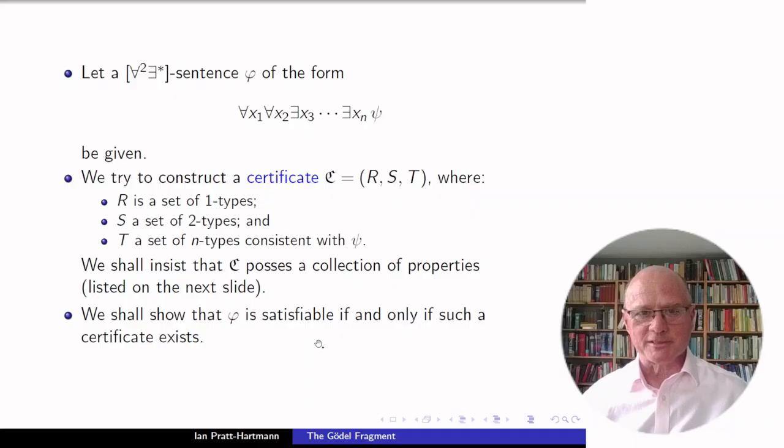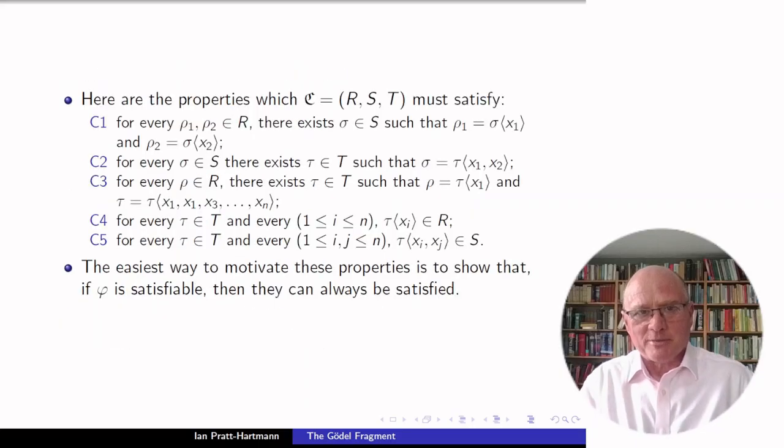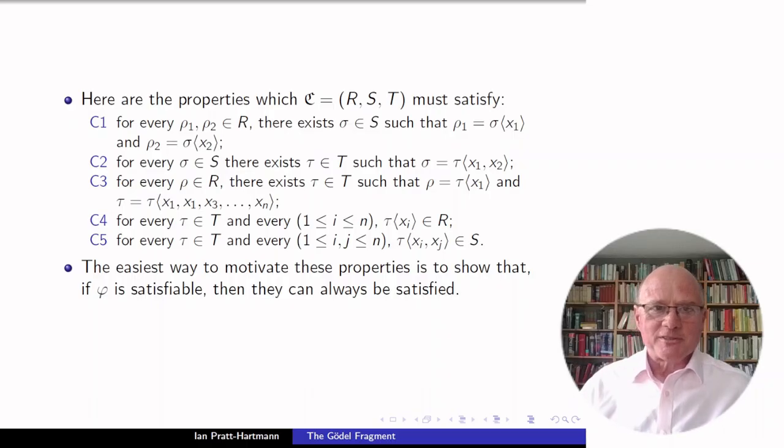So that's our decision procedure. So here are the properties. I've called them C1 up to C5. And we'll go through these properties very briefly.